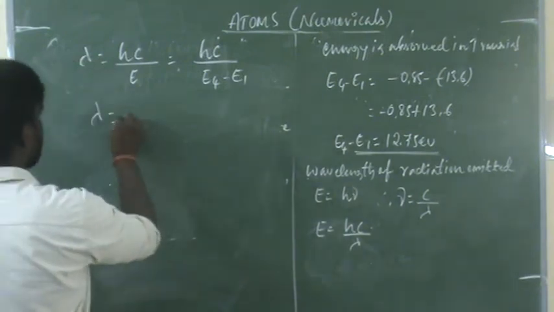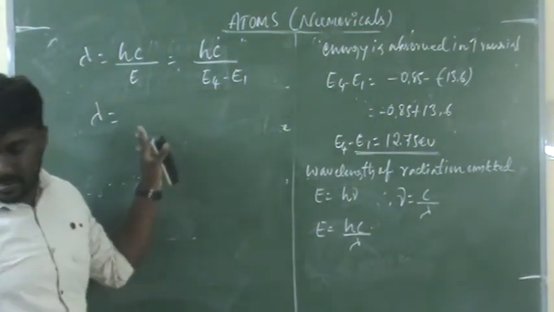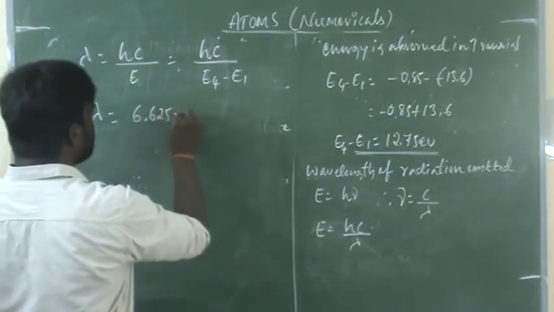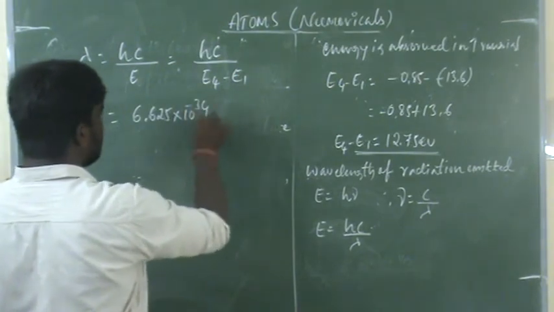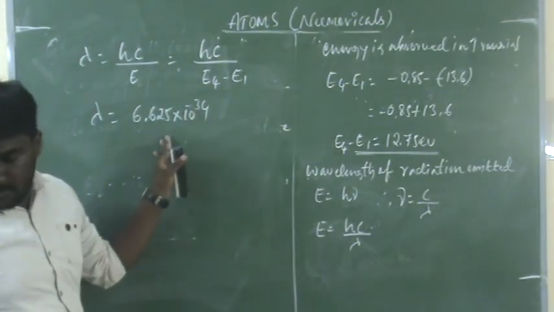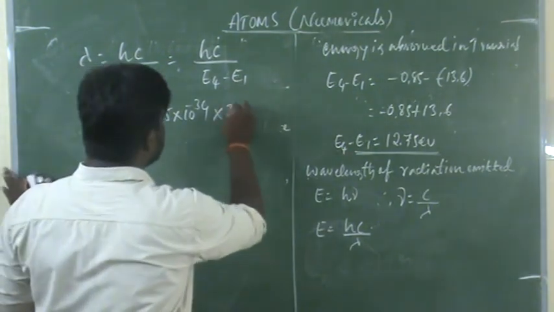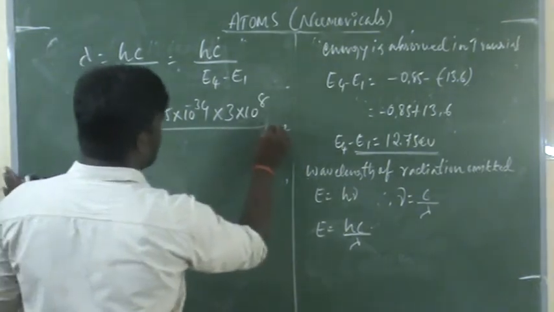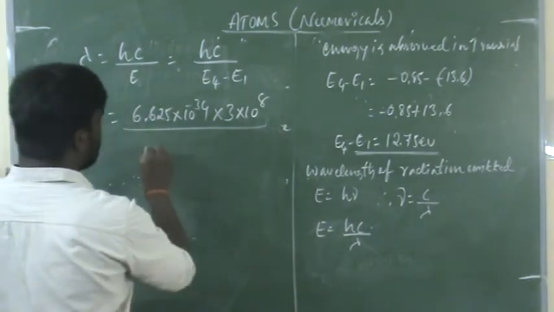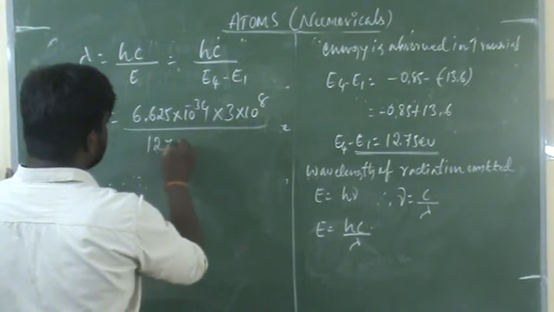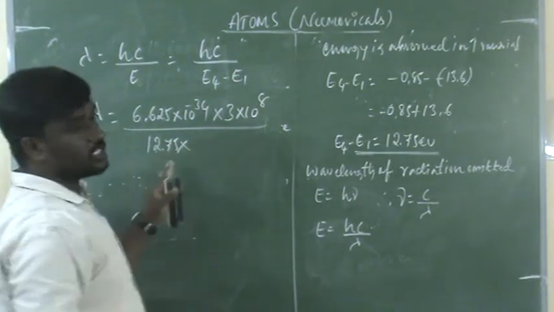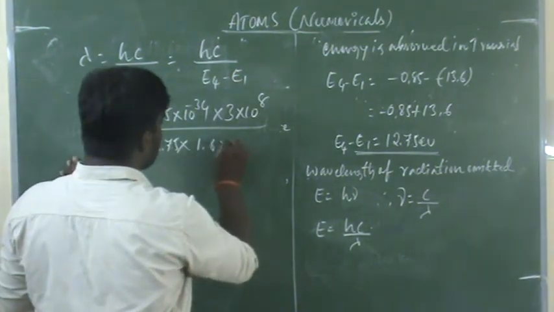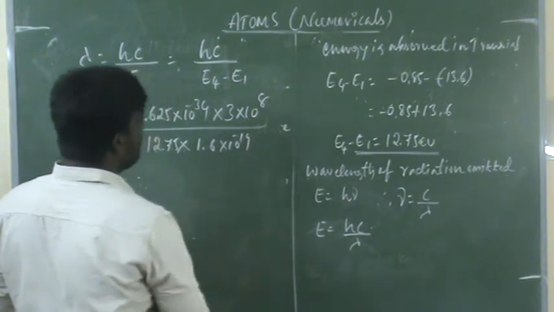Substitute that value. Lambda equals h, which is Planck's constant, 6.625 into 10 to the power of minus 34. c is the speed of light, 3 into 10 to the power of 8. E4 minus E1 means 12.75 electron volt. What is the value of an electron volt? 1.6 into 10 to the power of minus 19.